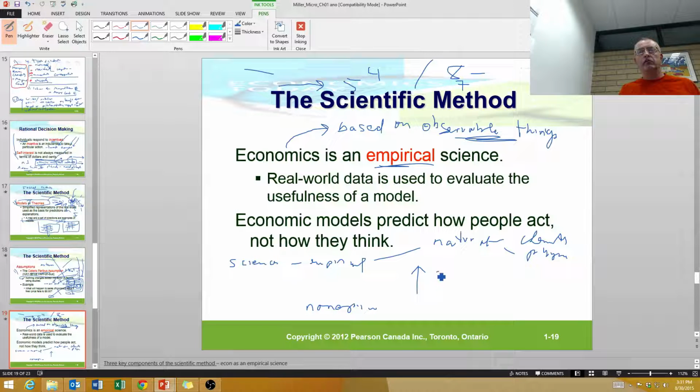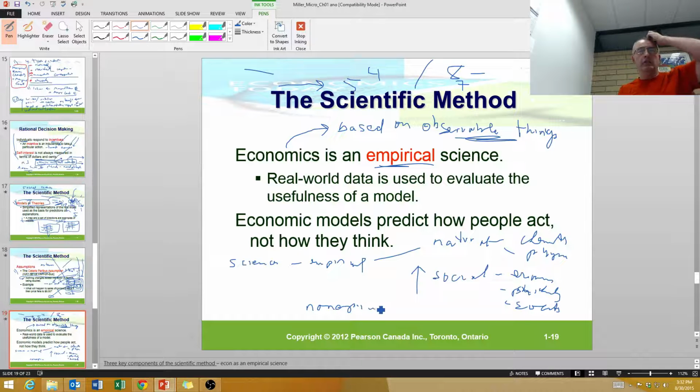And then we have social sciences, so we have things like economics, psychology, sociology. Anyways, we have these social sciences.